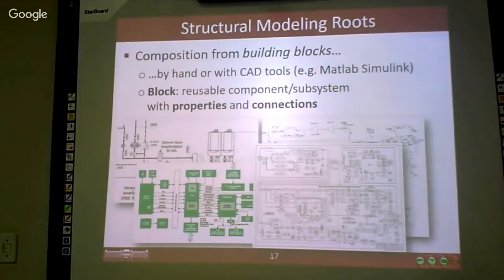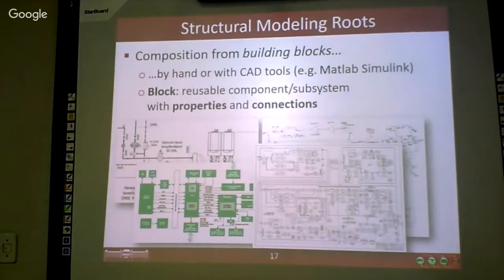This can be done by hand or with some tools that help us to compose our system. And when we compose our system, we use blocks. Blocks are reusable components, subsystems with some properties and connections.